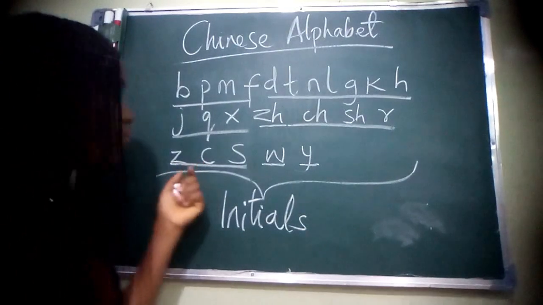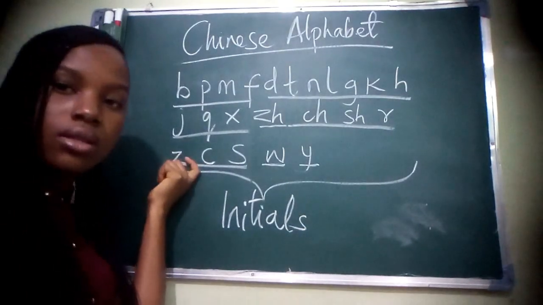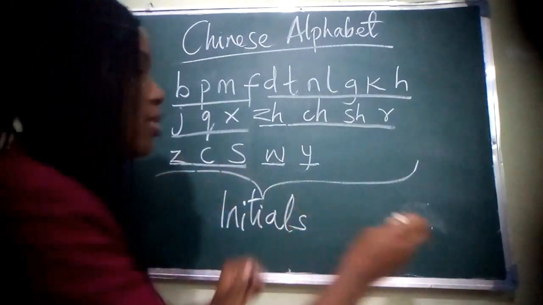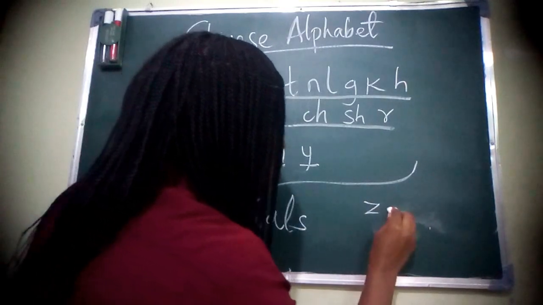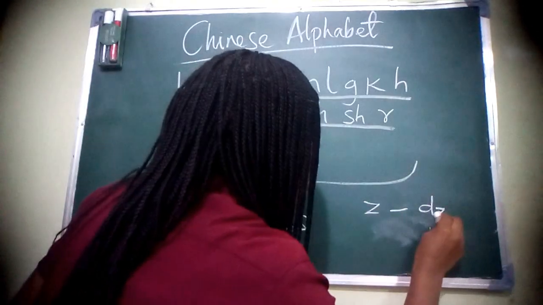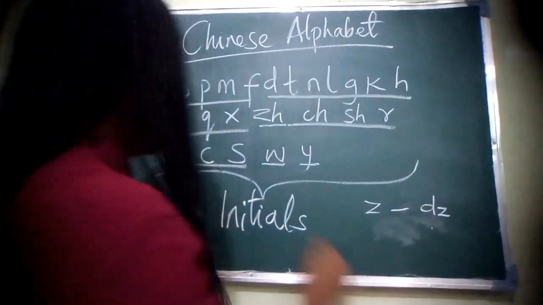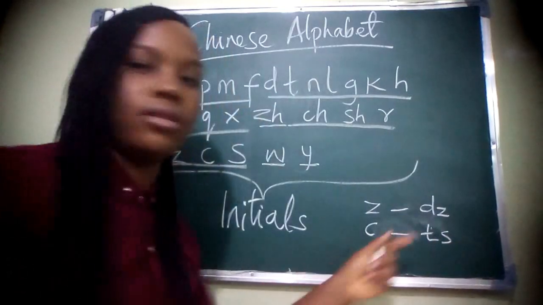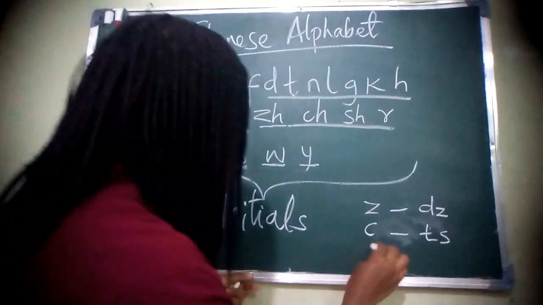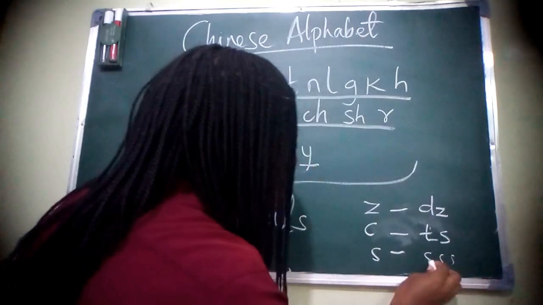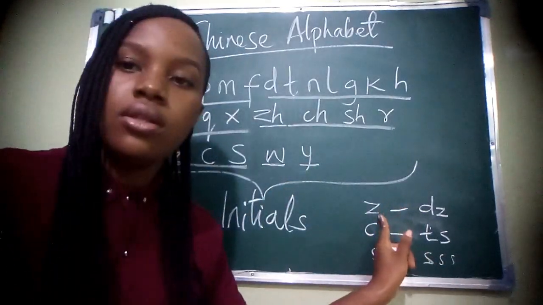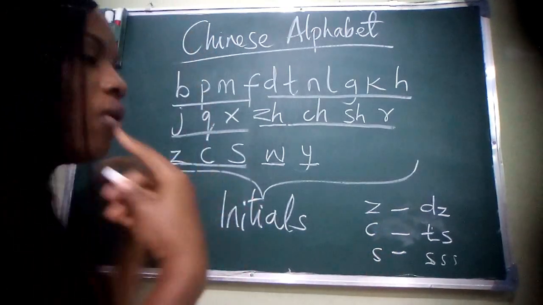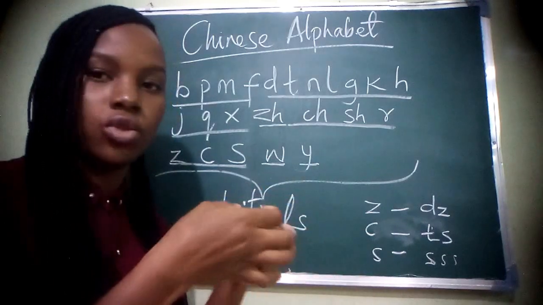Next, this group, we have z, c, s. For the z, you pronounce it like you're pronouncing D and Z together. For C, pronouncing it like T and S together. And then S is just the normal S. So they all end in the same way and they're stretched.